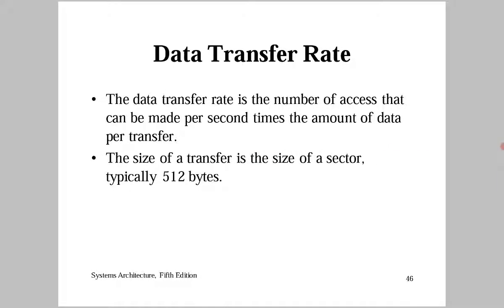So another important term is called the data transfer rate. What is the data transfer rate? It is the time required to transfer the data or information or records or a byte from the disk to the processor, or to the main memory of a computer.